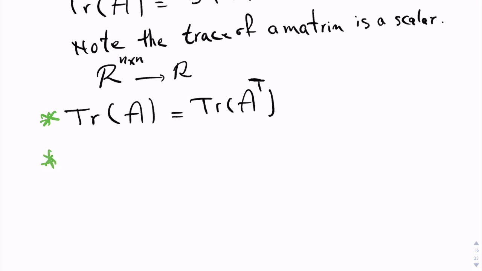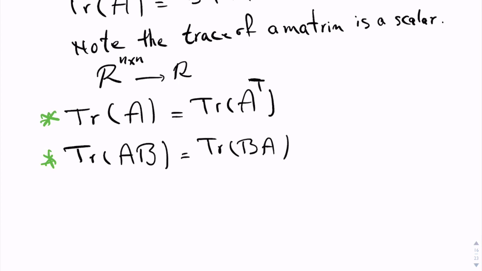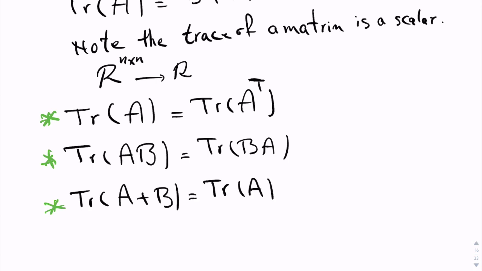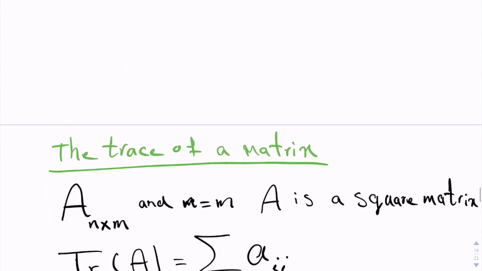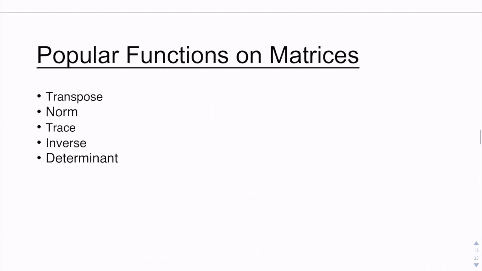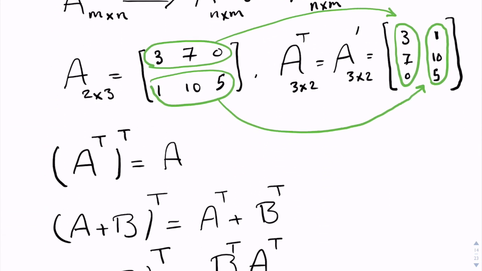That means the trace of A times B is equal to the trace of B times A. Also, the trace of the sum of two matrices equals the sum of the traces of the individual matrices. There are some other properties, but I think that's enough for this topic.